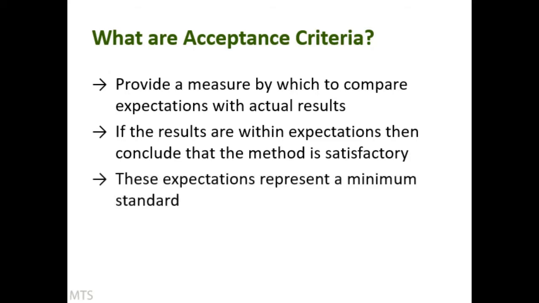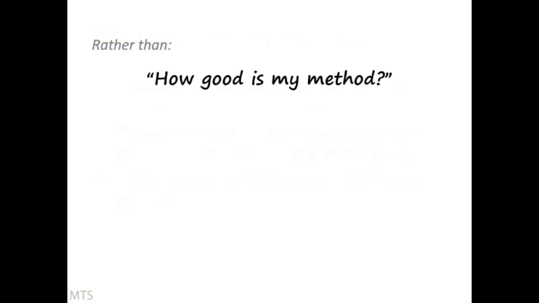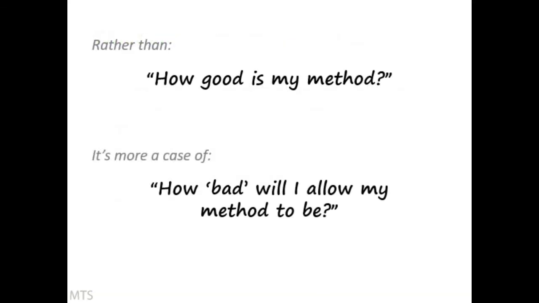And ultimately, what you've got then is a minimum standard. So it's not so much a case of how good is my method being your question when you enter into method validation. It's possibly more a case of how bad am I going to allow this method to be? Because that's what we're going to set. So this is the very worst I will allow this method to be.